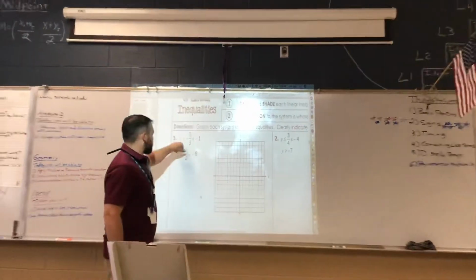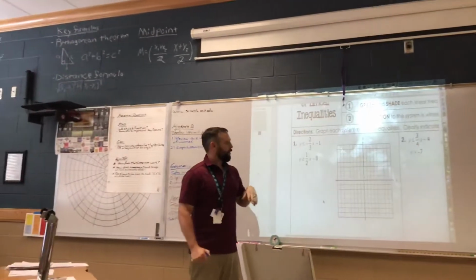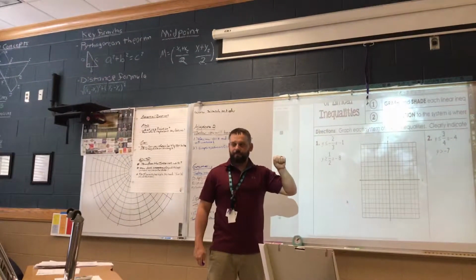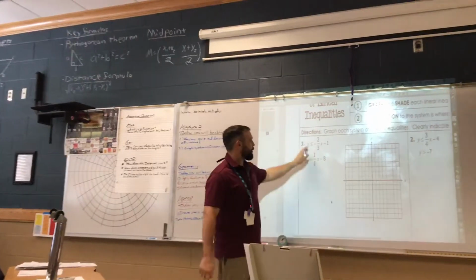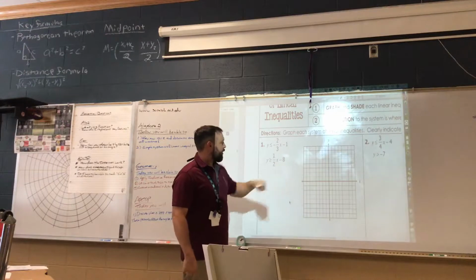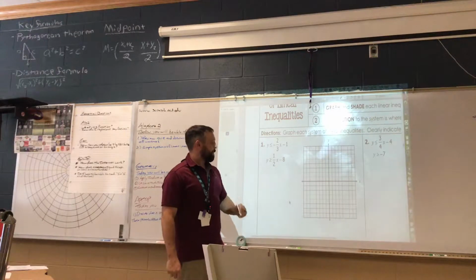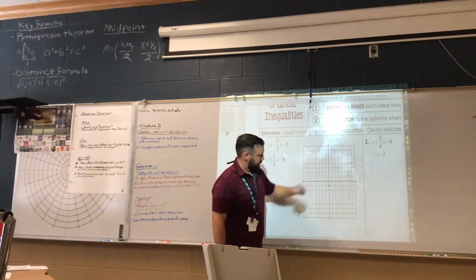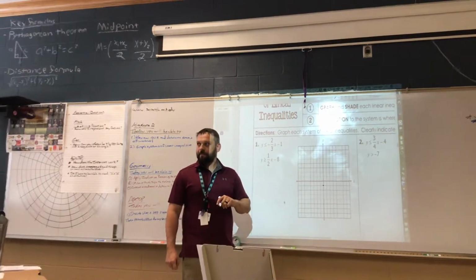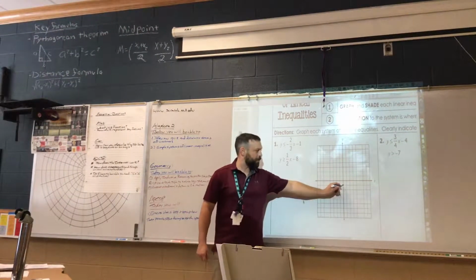All right, so the first inequality here. What form is it in? So we pretend it's just an equal sign for a minute, right? Where do I start graphing it? Okay. What's my slope? So from this point, how do I move?